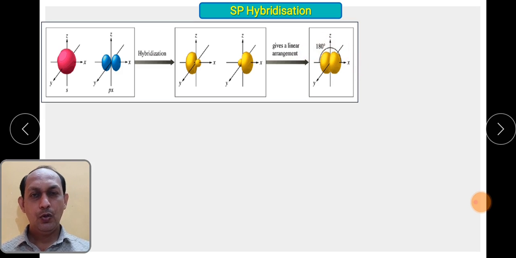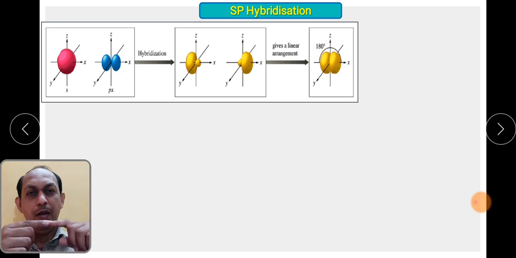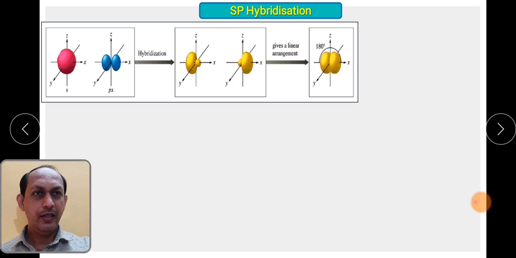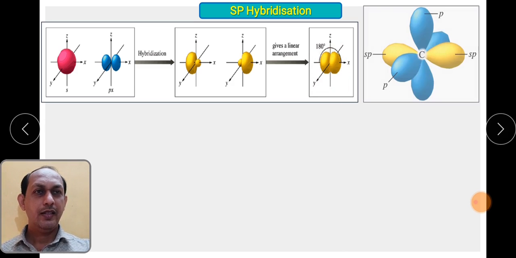There are only two lobes, observed coaxially, while the py and pz orbitals remain as they are, perpendicular. The yellow lobes are the sp hybridized orbitals, and here is the central carbon atom.